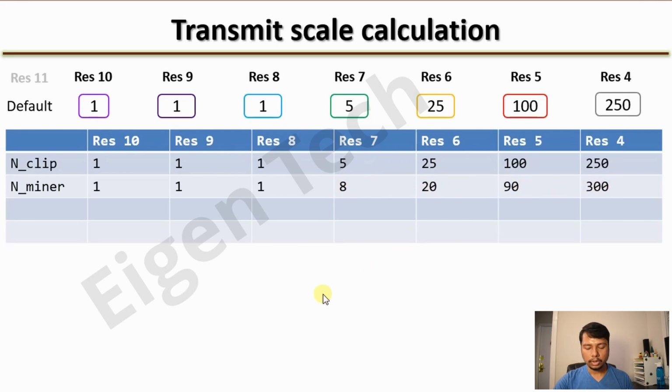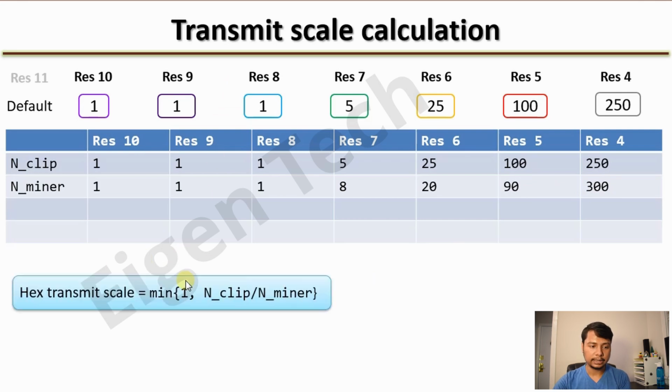The formula to calculate transmit scale at individual hexes is given by this. Hex transmit scale is the minimum of either 1 or n_clip divided by n_miner. What it means is that you divide n_clip by n_miner, and if this number is smaller than 1, then you use that number, but if it is larger than 1, you use 1.